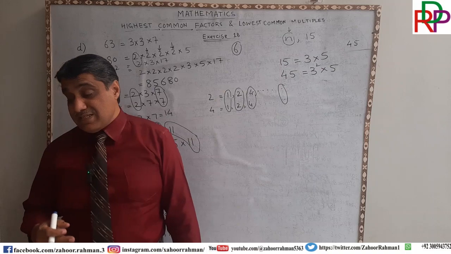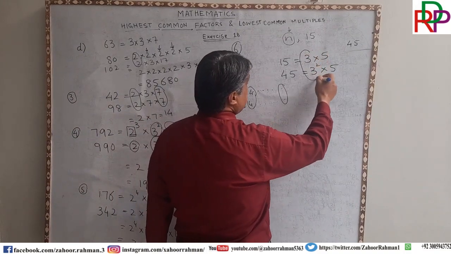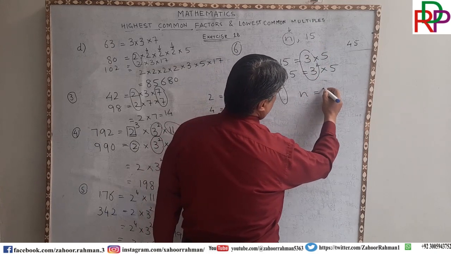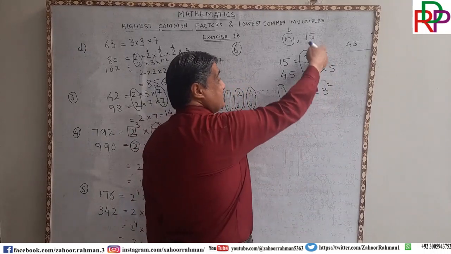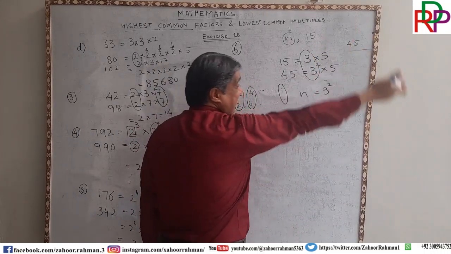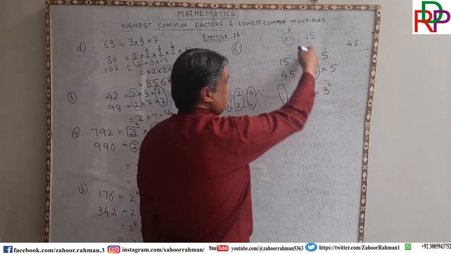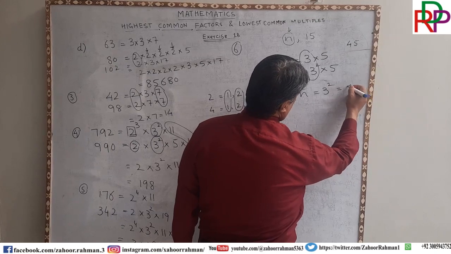Only we have to find this, that 3 square. So this will be the n. N is equal to 3 square, which is equal to 9.